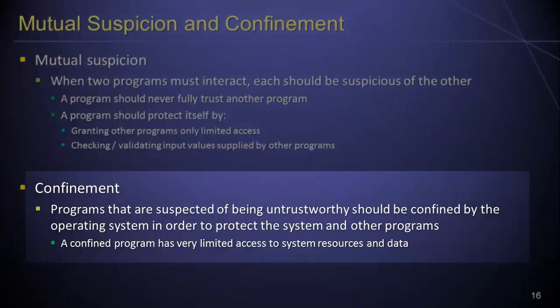Confinement, on the other hand, refers to a computing principle in which an operating system actively seeks to protect the system and other software programs by isolating and confining any programs that are suspected of being untrustworthy. Under this model, a software program which has been confined by the operating system is granted only very limited access to system resources and data.